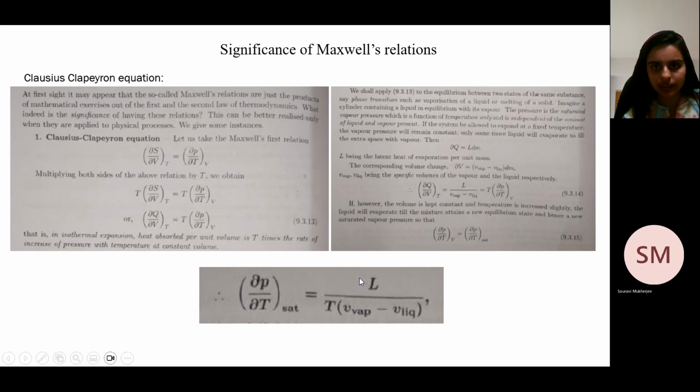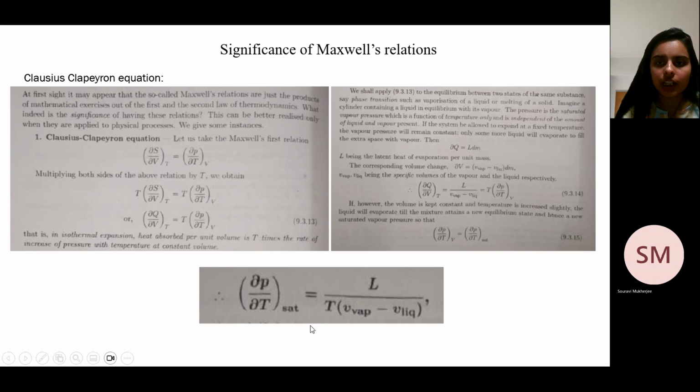Here L is the system latent heat, then you have the temperature of the system, and these are the specific volumes. So for a vapor to liquid transition, this is how you can define the Clausius-Clapeyron equation.